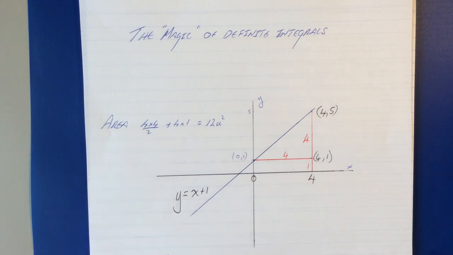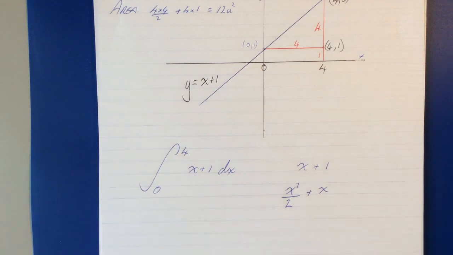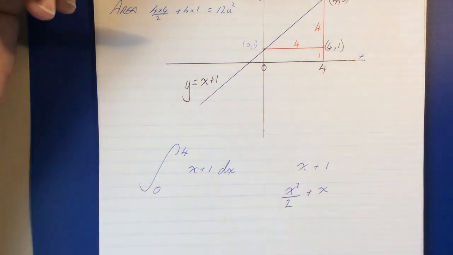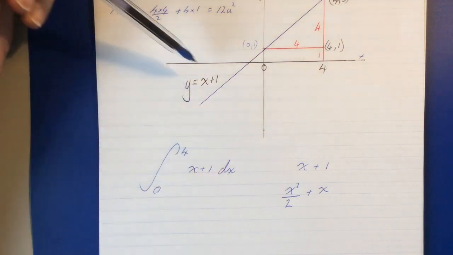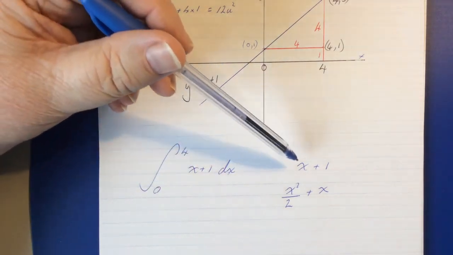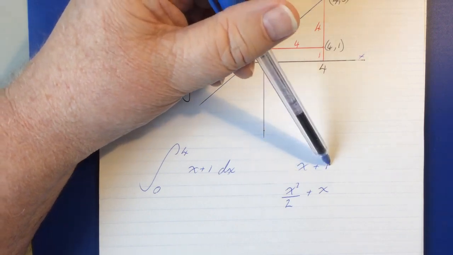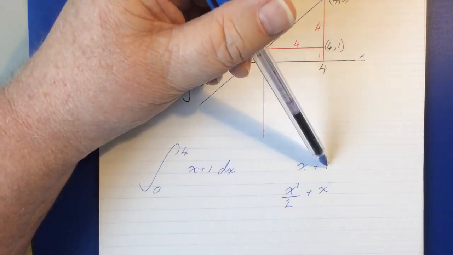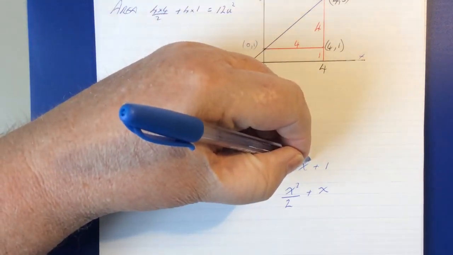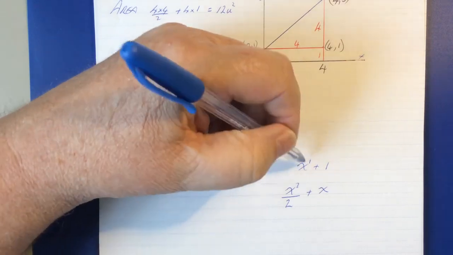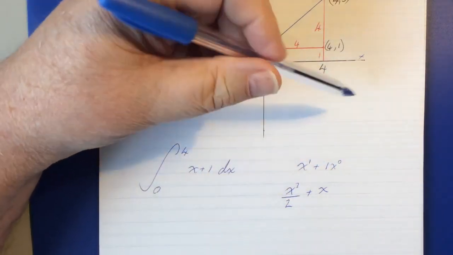Okay, so here goes. I hope you've been taught the basics of this, but I'll just go through this. We'll come to this in a minute. I'm just taking this function and I'm going to anti-differentiate it. Now, this is the essence of the function, x plus 1. And what I do is I say to myself, well, that is x to the power of 1, and this is 1x to the power of 0.